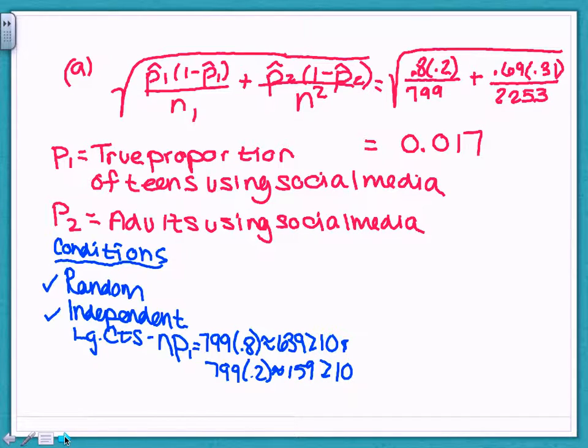So our large counts condition is met for our first sample. We have to check it again for our second sample, our second group.